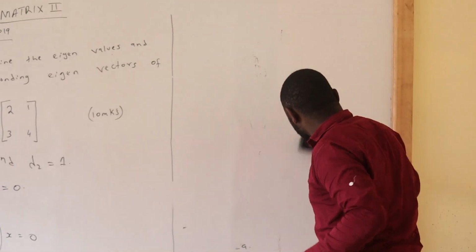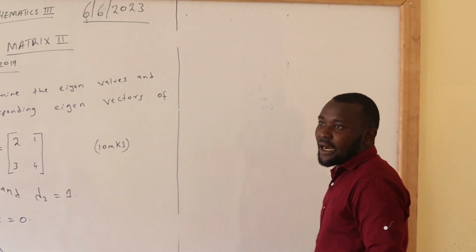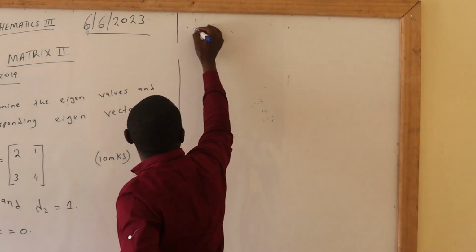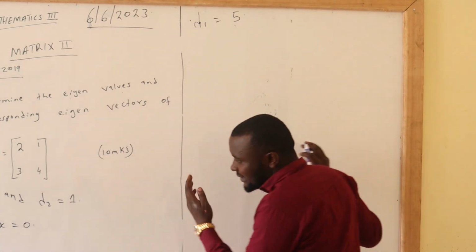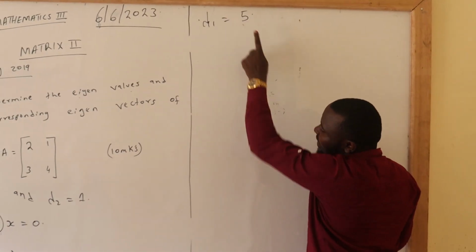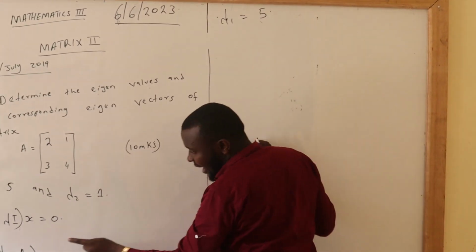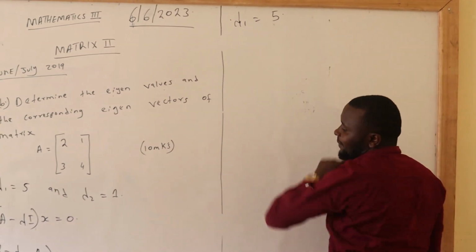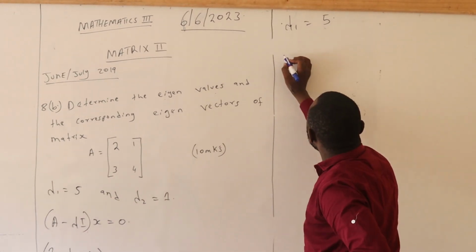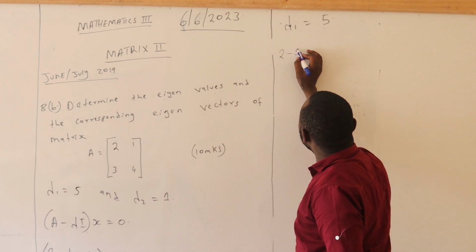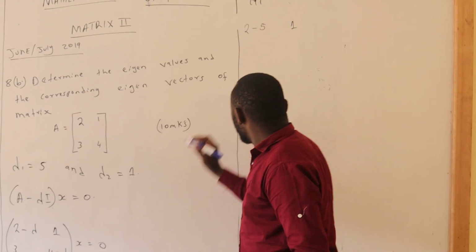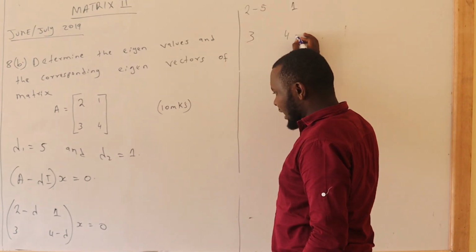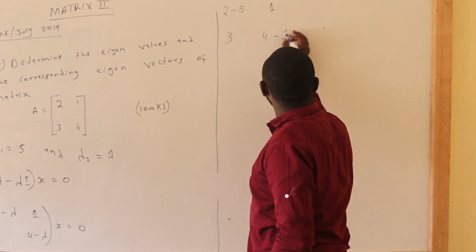Now, let's solve this with our first lambda. For our first lambda, we have calculated that lambda 1 is equal to 5. The simplest thing is you replace any place you have lambda with 5. So we are going to have 2 subtract 5, 1, 3, 4 subtract 5.